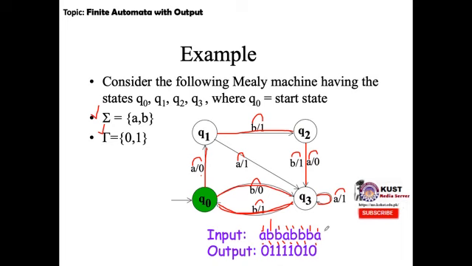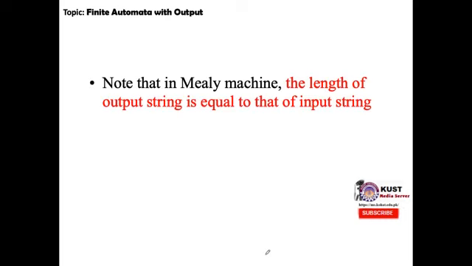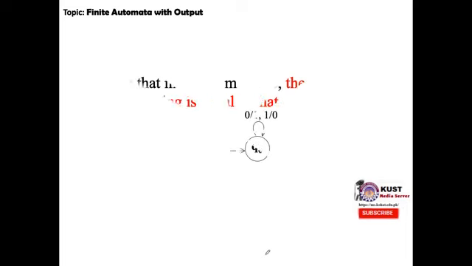So you see the size of the input is the same as the size of the output in Mealy machine. You remember in Moore machine there was one extra character at the beginning. But this Mealy machine is different than Moore machine. Note that in Mealy machine the length of output string is equal to that of input string.